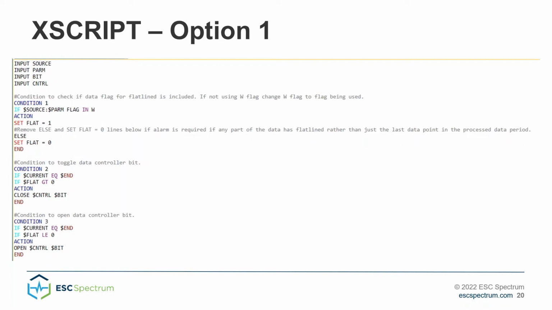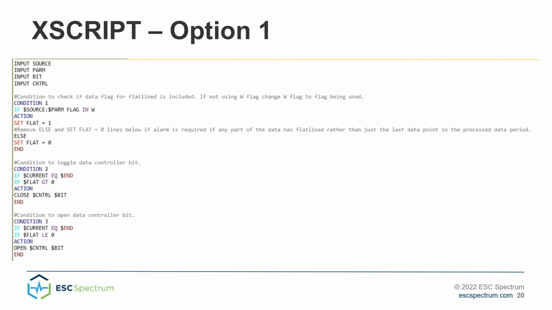What these are going to do is if the source or parameter has the flag for flatline, which in this case I've set as W, then whenever ProcessNow is run, it's going to look and see if that data has flatlined and if it is continuing to flatline within that ProcessNow.